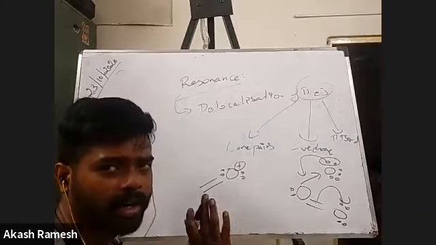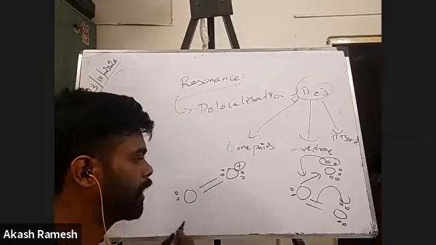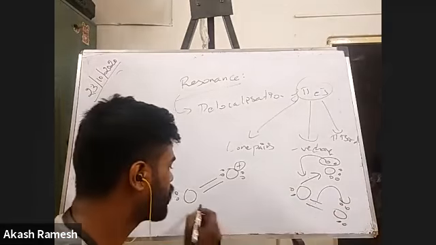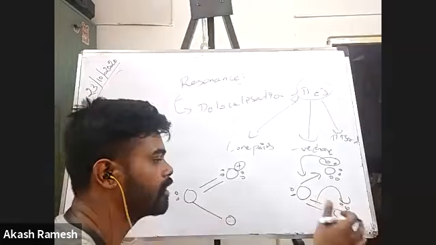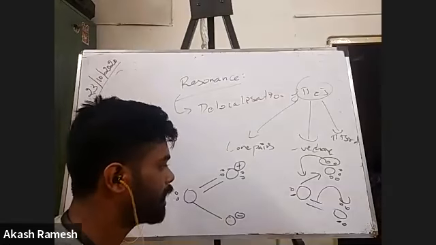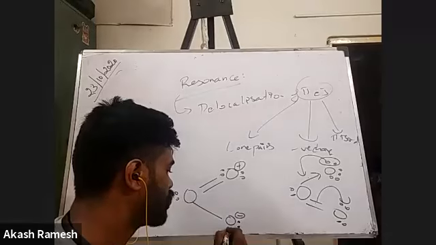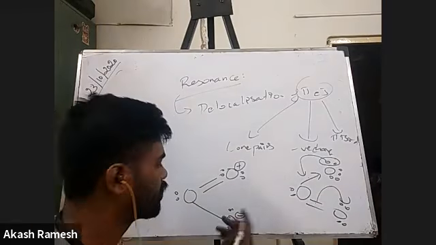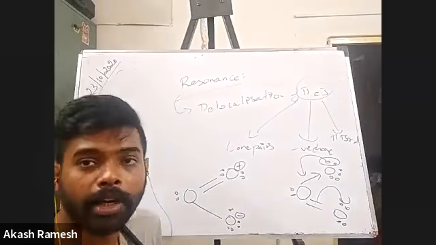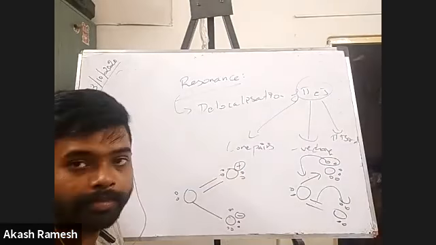Say one of them is coordinate, but I'm not representing that. So there is one more oxygen atom with one lone pair, and this bond became a single bond, right? And this oxygen atom has gained electrons. So there is going to be a negative charge, and there are going to be 3 lone pairs. Okay, and this is the resonance structure.